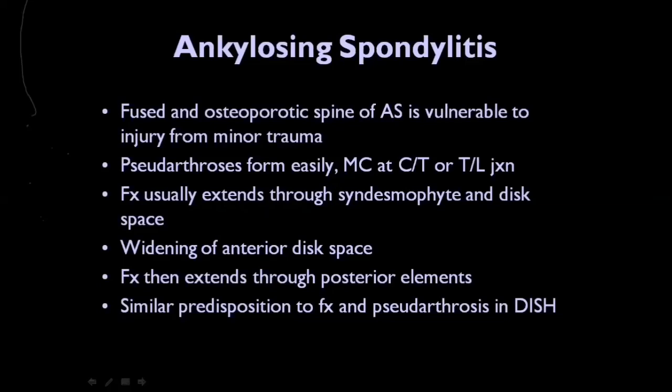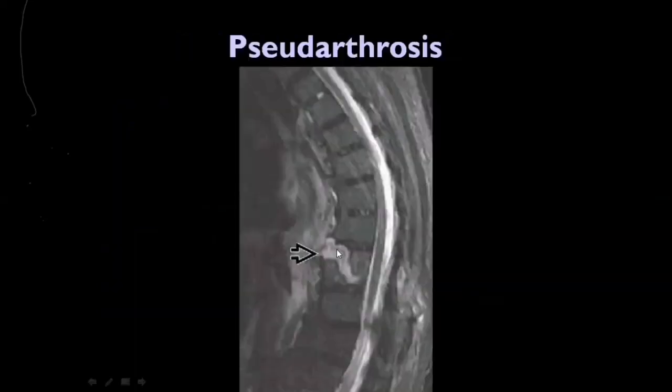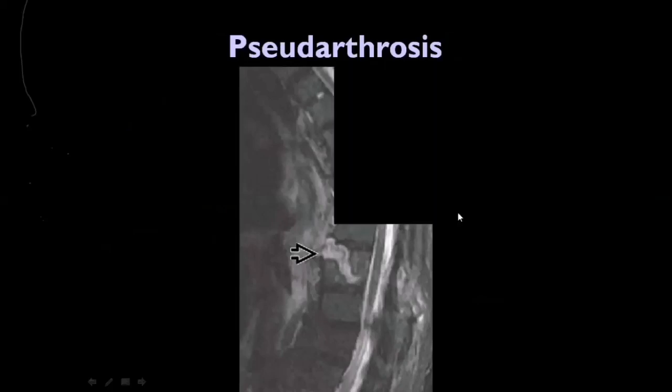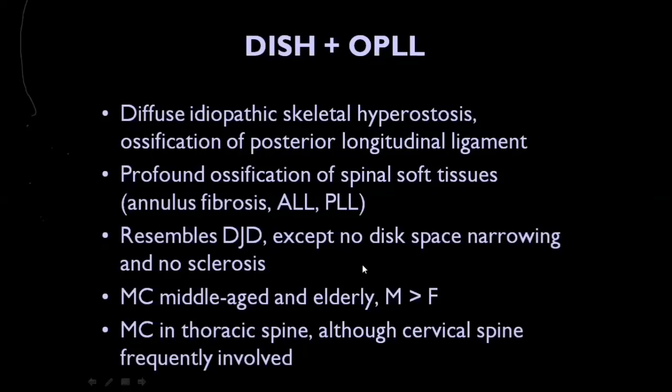Anyone sure that he knows about ankylosing? Don't forget about pseudoarthrosis, for example, one of the complications that can happen in ankylosing. So, sorry, I'll just close this. Ankylosing can show you, and the differential of ankylosing, you always see it even in the text, is DISH.